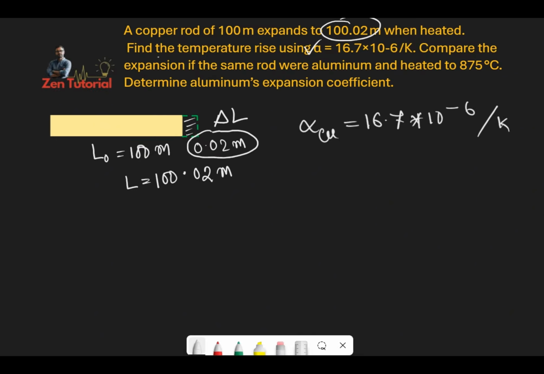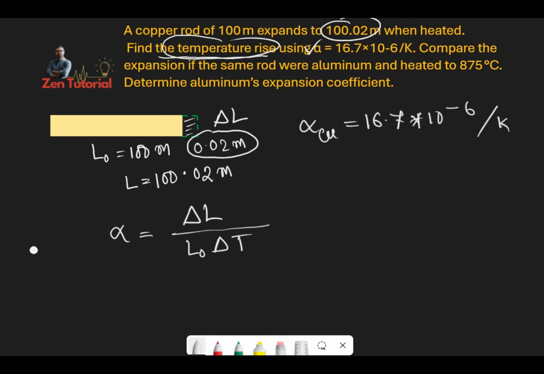We have to calculate the rise in temperature. By using the linear expansion coefficient, we could write alpha is equal to del of L over L naught times the change of temperature.